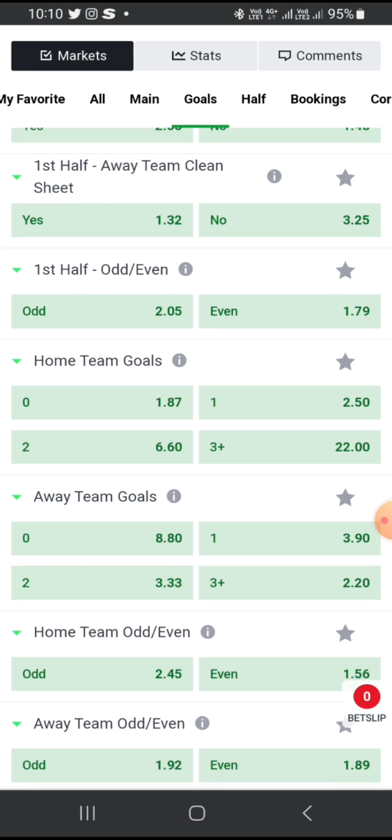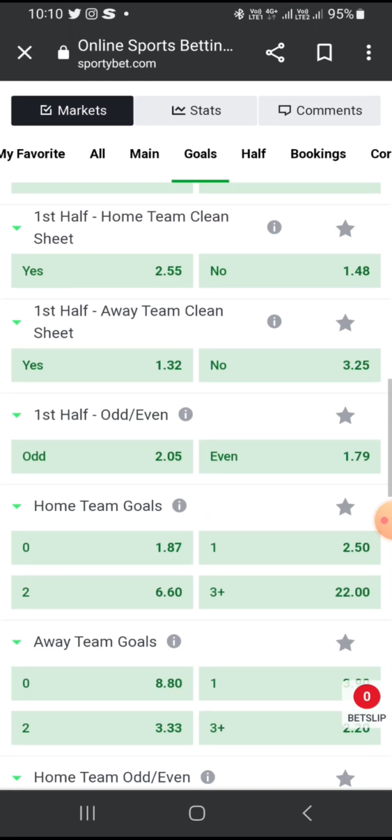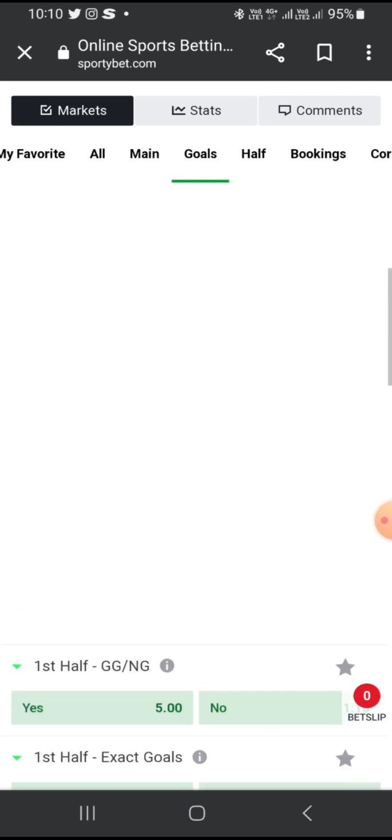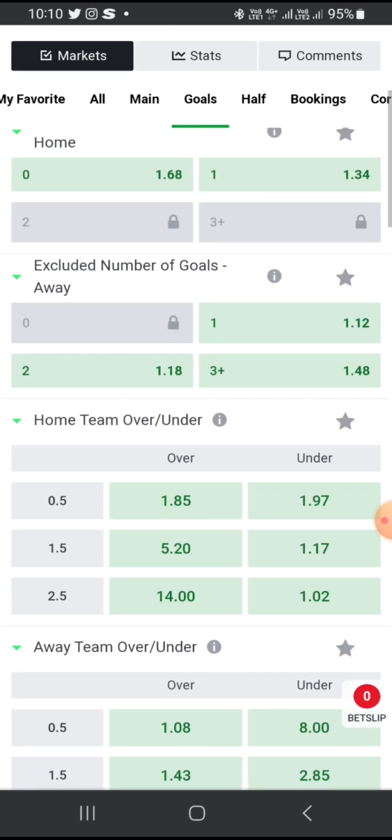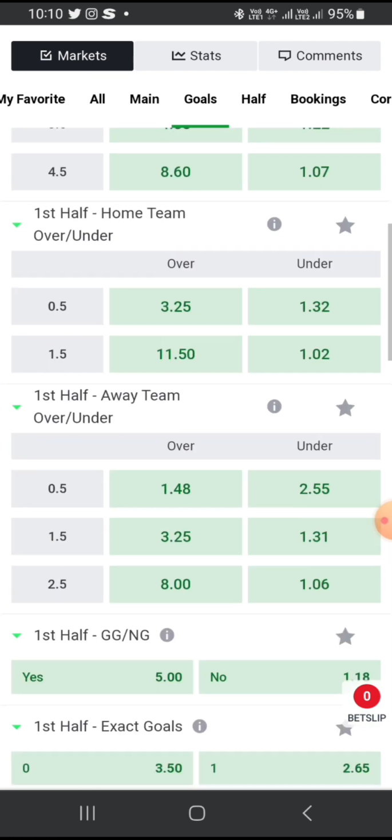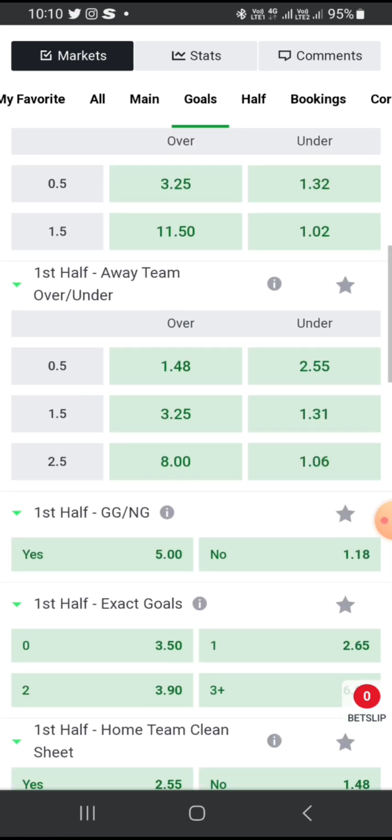And if I play 3 games on this, like for example, under this first half. Okay, this is Burnley and Man City. Burnley and Man City is dicey, if Burnley is strong and Man City is strong.